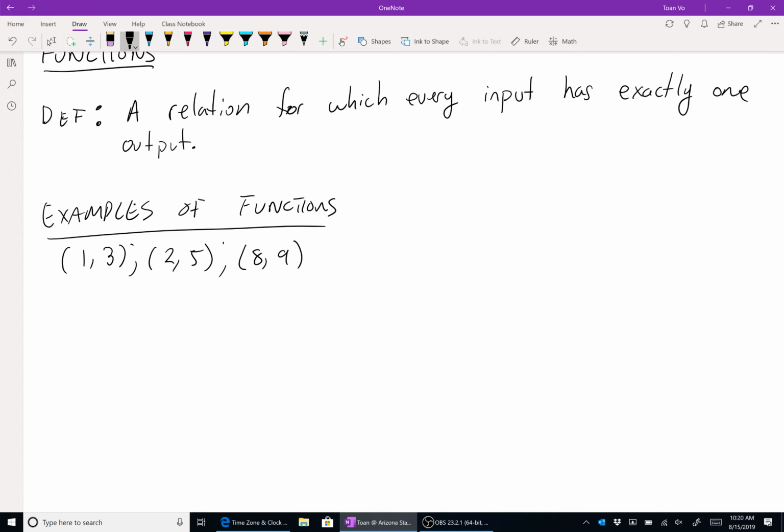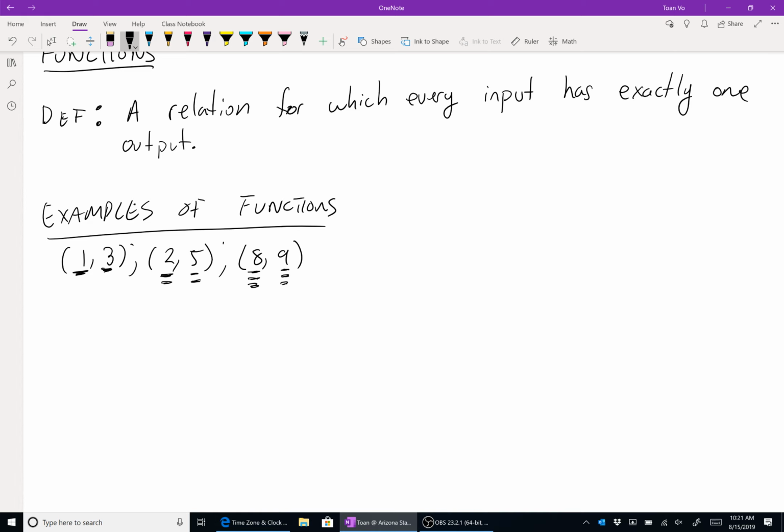This technically is a function. Why? Well, what is the domain of my example here? 1, 2, and 8. This input of 1 has an output of 3. That's just one number, right? This input of 2 has an output of 5, which is just one number. This input of 8 has an output of 9, which is just one number. Every single input has one number output.